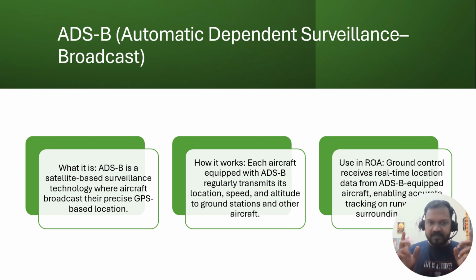This broadcast technology communicates the aircraft's position and altitude to the ground stations. Through the ground station, they can then position the aircraft, and it is used in ROA. The ground control receives the real-time location data of the aircraft, enabling it to track the runway and its surroundings.